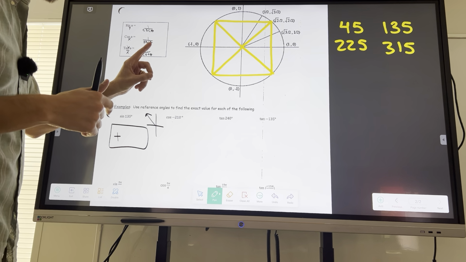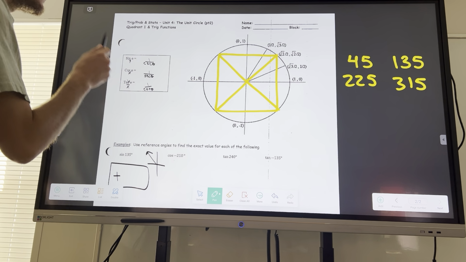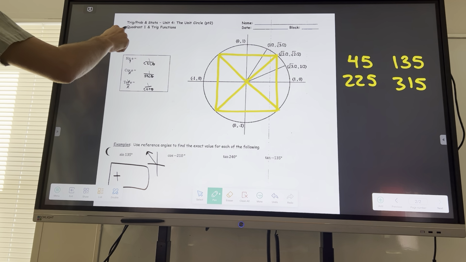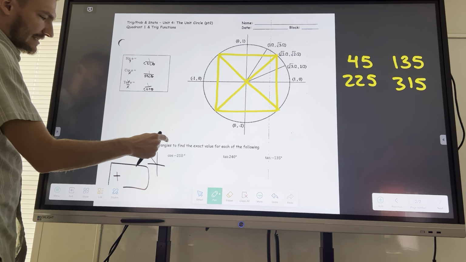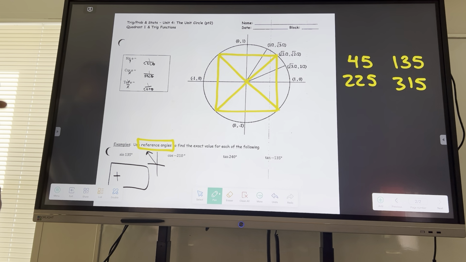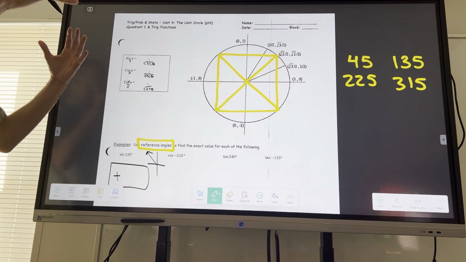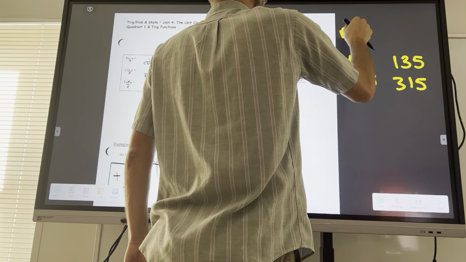Now, the last thing before we finish the question: use the reference angles. Everything we just said works because they're matching pairs. They're a group because of reference angles.